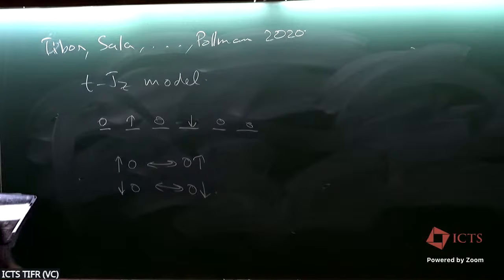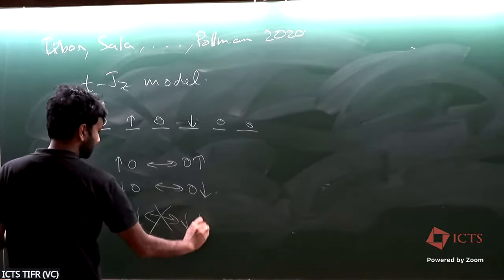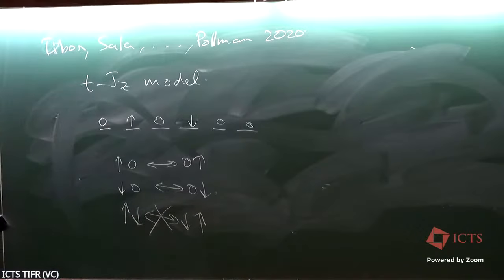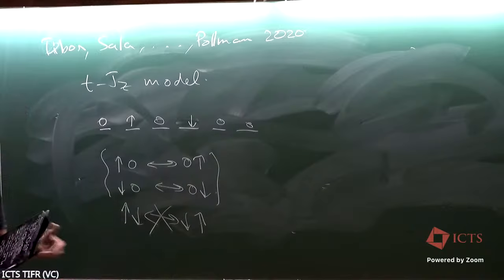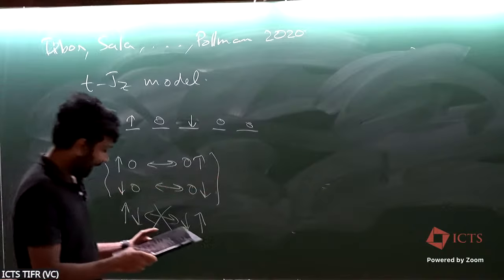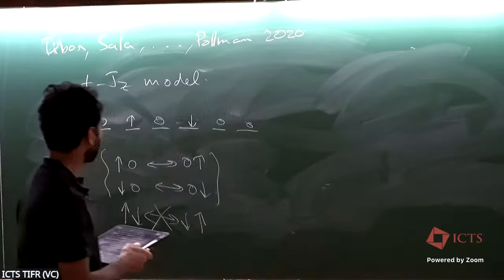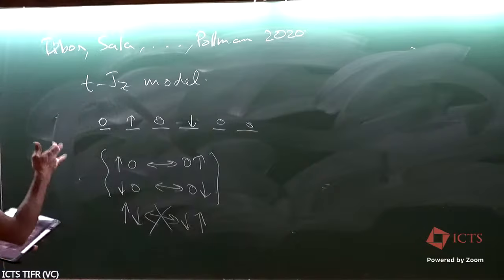Right? But what is not allowed is that the up spins and down spins are not allowed to cross. Right? So you can consider a set of terms. I can explicitly write down hopping terms that do this. And then you can try to go through this exercise with this set of terms.